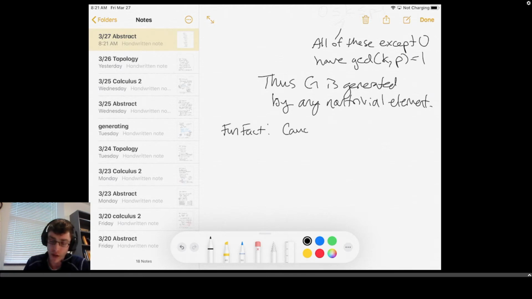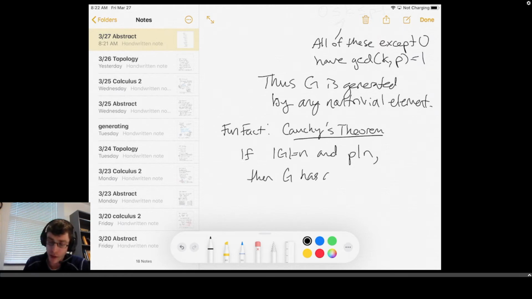This is called Cauchy's theorem. If the order of G is n and some prime P divides n, then G has an element of order P. So why am I stating this?